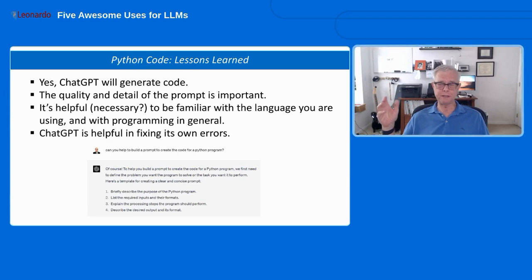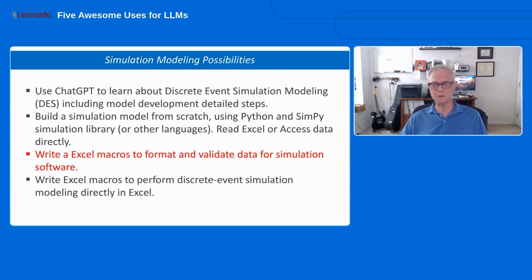And ChatGPT or LLMs can fix their own errors if you point them out. There's an error message here. It'll come back and sometimes say, "Oh, I'm sorry. I was using an earlier version of Python," or something, come up with some excuse, but fix the problem. So it's quite amazing, the possibilities.